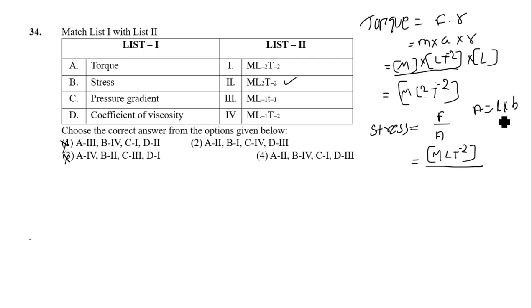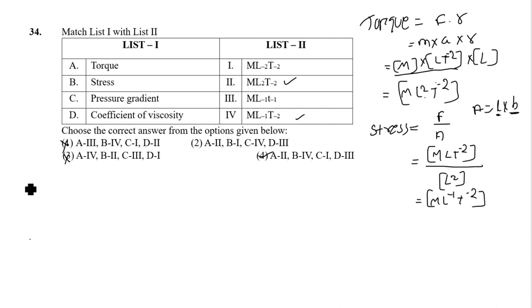Both are lengths, so I just put L squared. So I get M L minus 1 T minus 2. So from this, we can say this is M L minus 1 T minus 2, which is IV. Okay, so we can write this 4, but I have to calculate all these things.